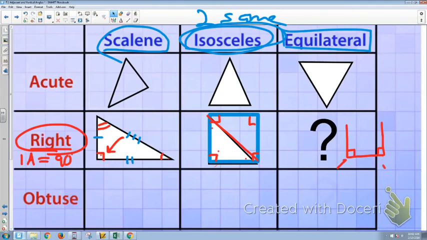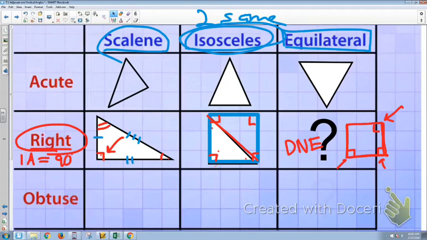So that's an angle that's 90 and that's an angle that's 90. And at this point I've got three sides, and I could create a third angle here, and that's okay, but this is no longer a triangle. So a right equilateral triangle does not exist. It just doesn't exist in our world of geometry.